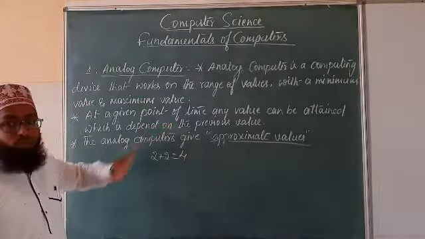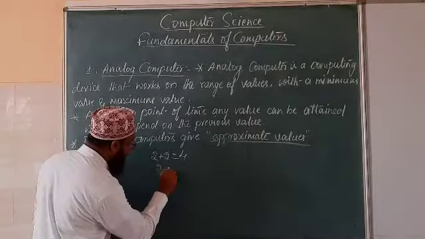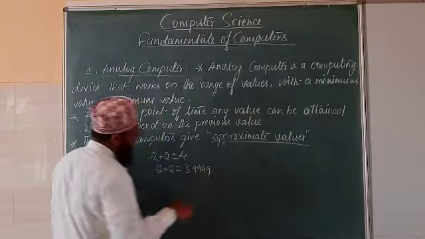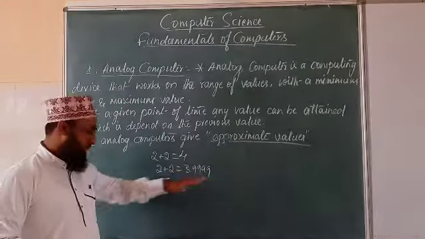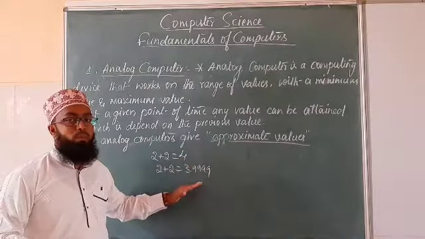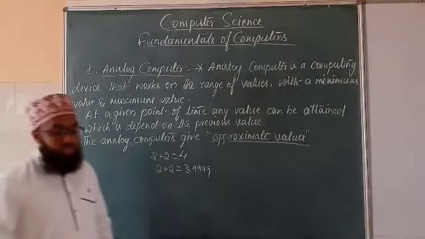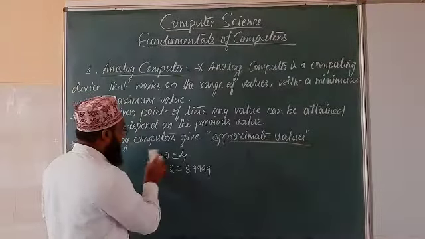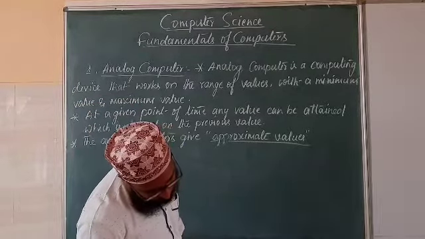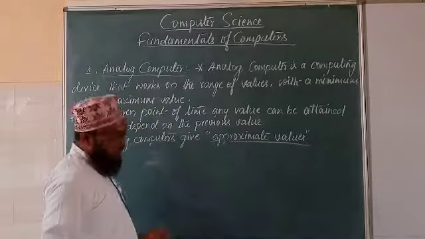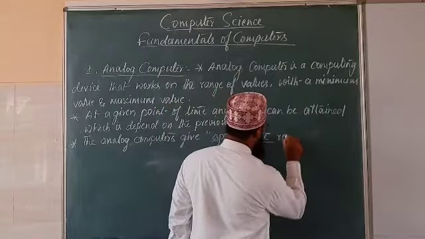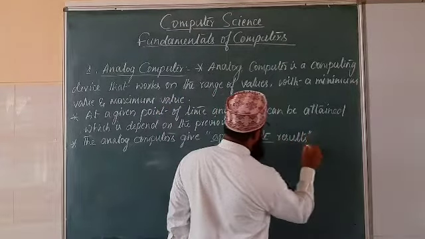But these analog computers will not give the exact value 4. They will give 3.999 something. Like this, they give approximate values, nearer to the result. Analog computers will give approximate values, or we can write approximate results. It will be better.